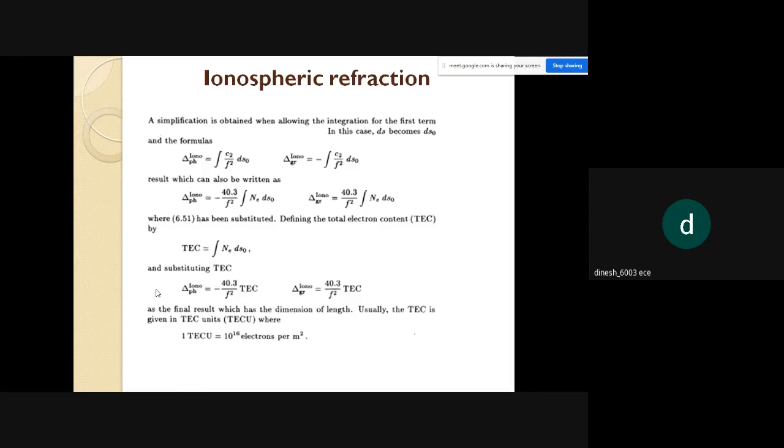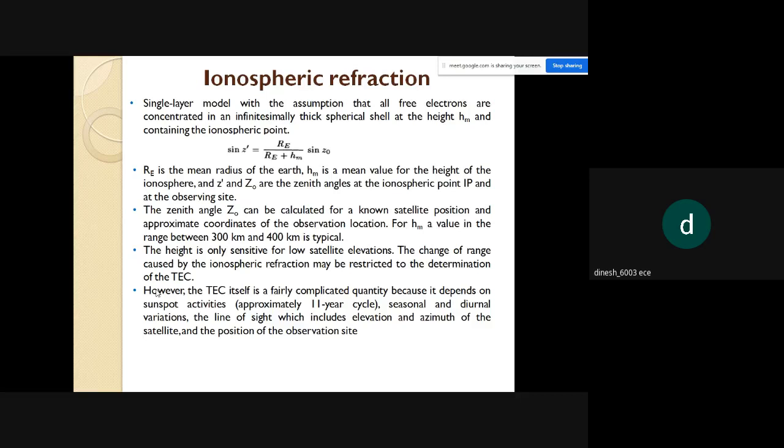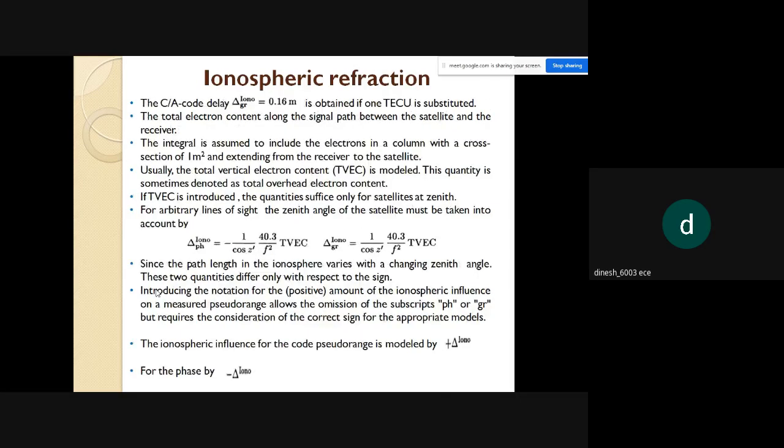So keeping in mind all these things, we need to design an appropriate GPS system. Now we are going to take an example of some codes, the CA code, the coarse acquisition code, which has a delay of, for example, 0.16 meters when we substitute 1 TEC unit.